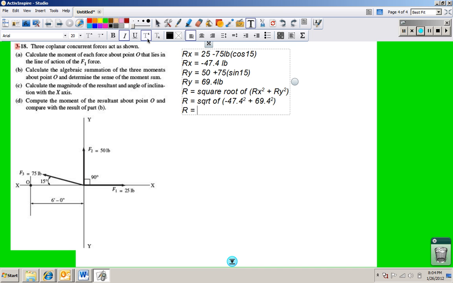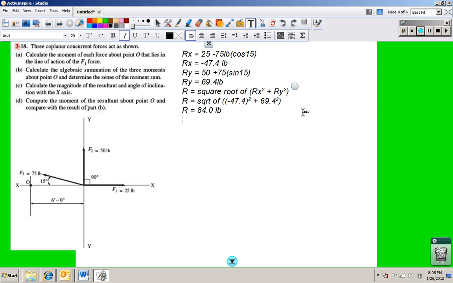So R is equal to, I get 84.0 pounds. Remember that when I square 47.4, it becomes a positive number. All right.